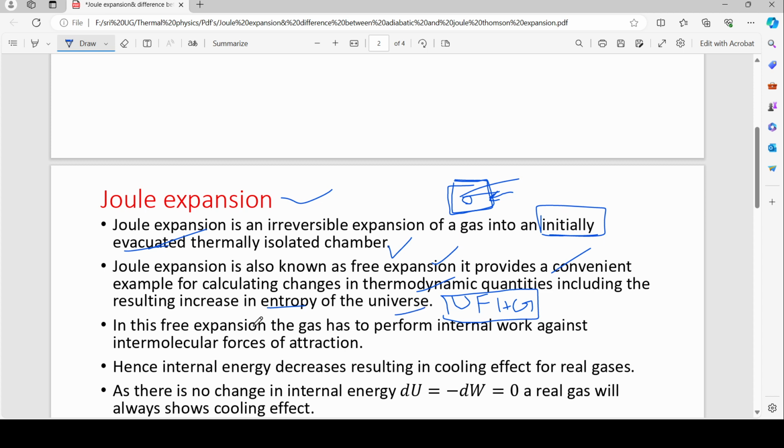In this free expansion, the gas has to perform internal work against intermolecular forces of attraction.